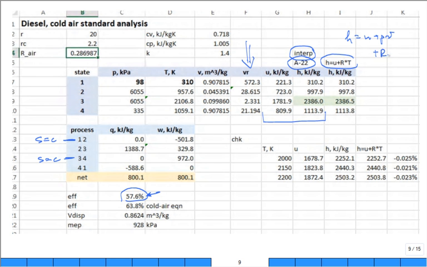Pv is equal to RT, so u plus RT. So I did a little comparison at 2,000, 2,100, 2,200. I look at the u value, I look at the h value out of the table, and I look at h calculated by u plus RT. What is R again? It's just R bar divided by the molar mass of air.